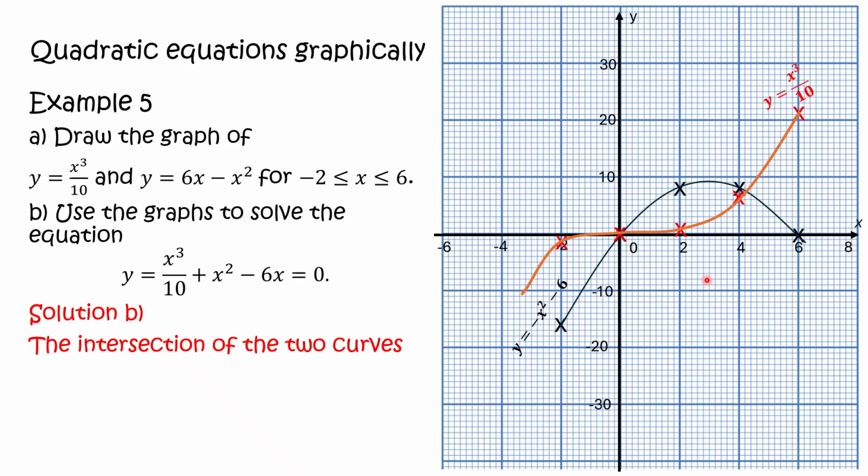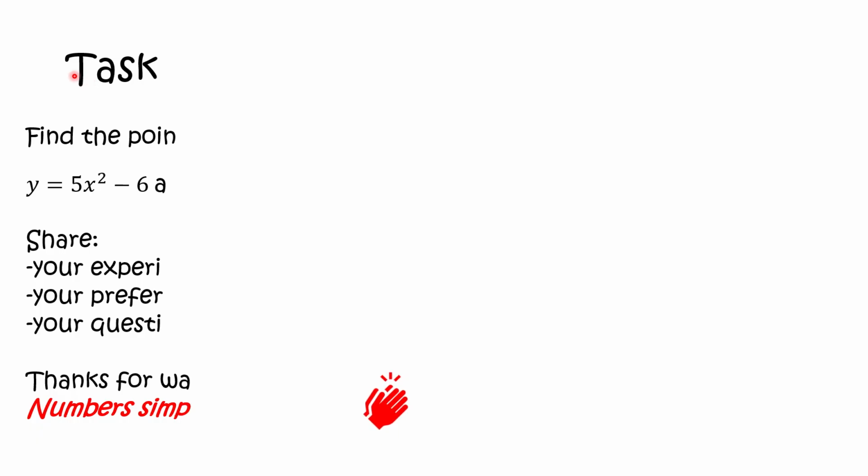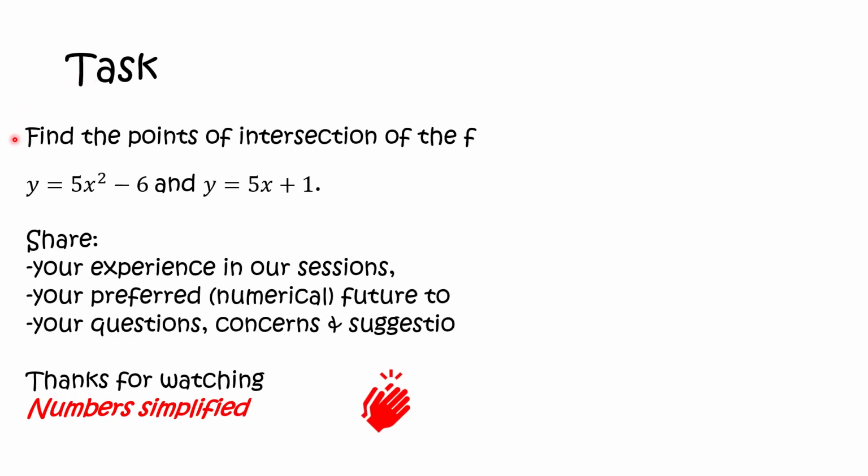The first one is there and the second one is located there. Of course, it doesn't have to be 2 points only. It could be more points, but according to the questions that we've been dealing with, we are getting 2 points. Then the x values associated with these points of intersections are x is equals to 0 or x is equals to 4.2.